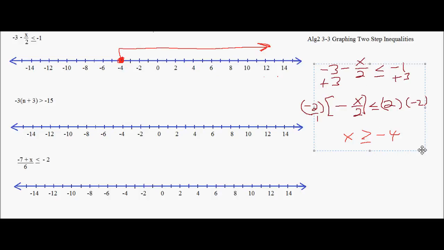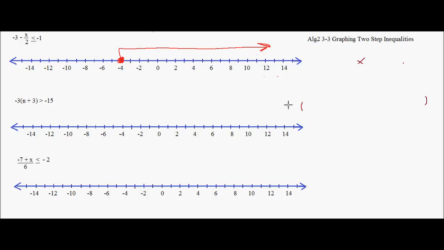I'll quickly go through these. So this one, I'll use gray. Okay, so I got negative 3 times n minus 3 is greater than negative 15. Okay, I could distribute. I also could divide everything by negative 3.